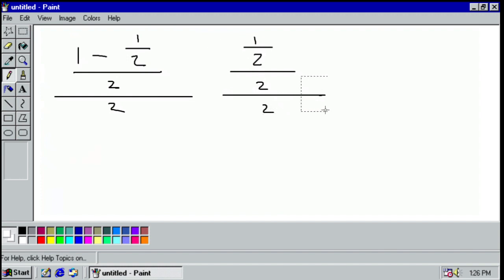Okay, this is getting quite confusing now. So we need to solve this part of the fraction next. So we have 1 over 2 divided by 2. Now how are we gonna solve that? We need to reciprocalize.